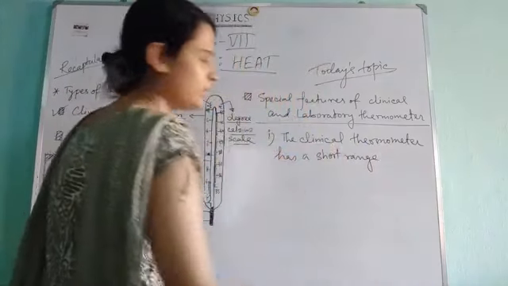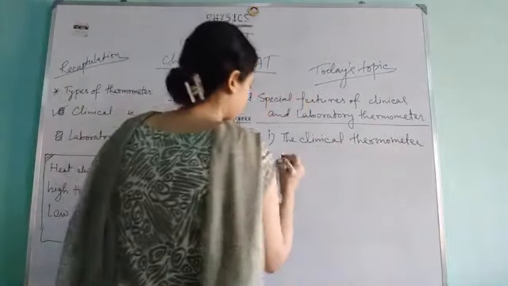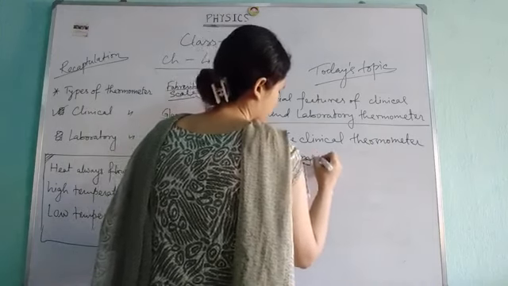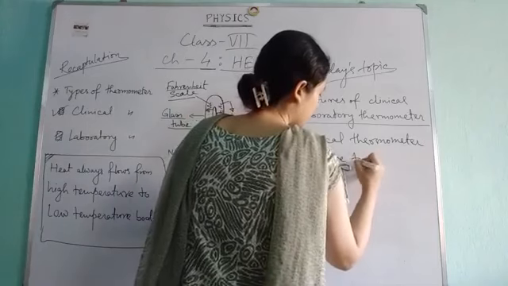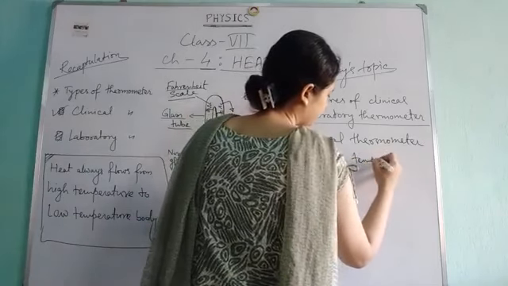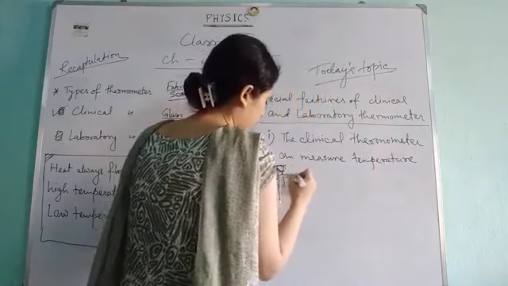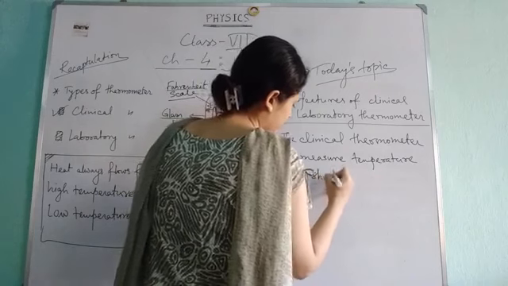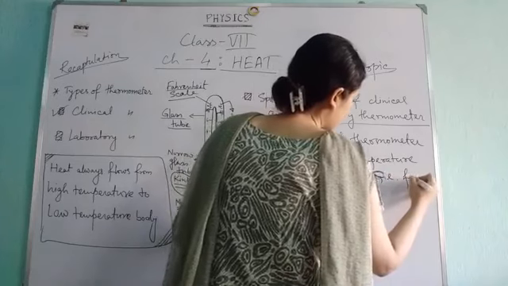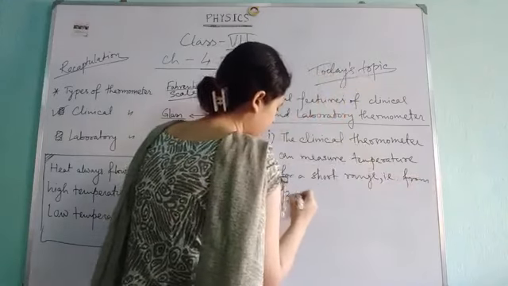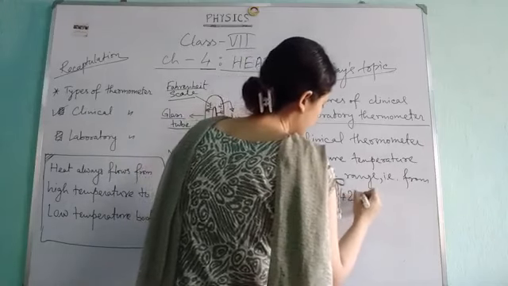Better you write: the clinical thermometer can measure temperature for a short range, that is from 35 degrees Celsius to 42 degrees Celsius.